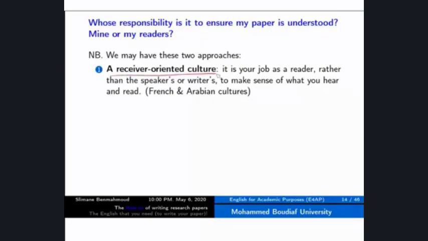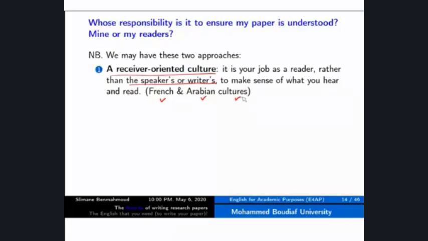In this approach, it is your job as a reader, rather than the speaker's or the writer's responsibility, to make sense of what you hear and read. I have cited as examples for these cultures the French and the Arabian cultures.